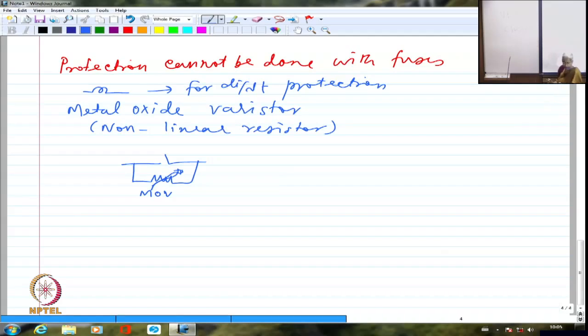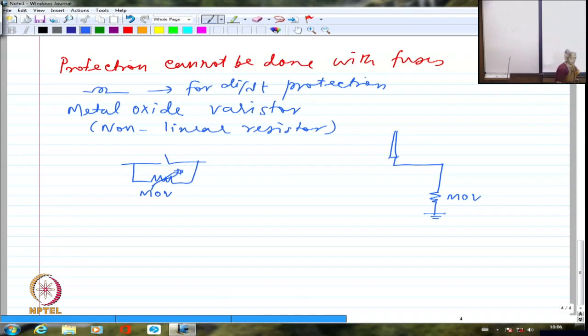This is very commonly used in lightning arresters. You might have heard about lightning arresters, definitely. Lightning arresters always use non-linear resistors. As long as the lightning does not strike, it is essentially an open circuit. In the lightning arrester, you will see a very sharp tip on tall buildings, and from this point it is connected through a non-linear resistor to the ground.